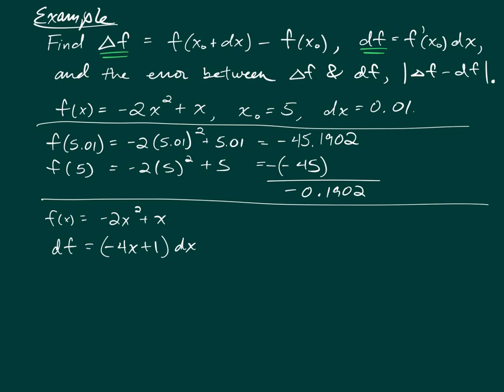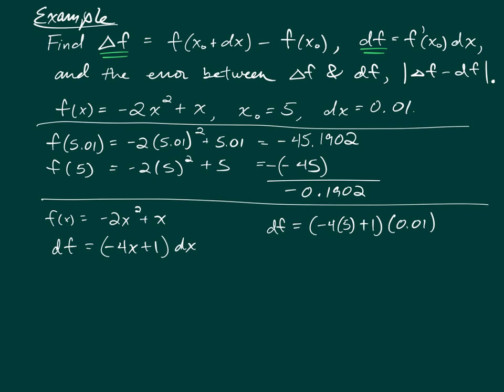So what that leaves us with is negative 4 times, well, our x naught value over here is 5, so we need to substitute that in for this x. So that ends up being df equals negative 4 times 5 plus 1, and then dx, again up here, dx is 0.01, so times 0.01.